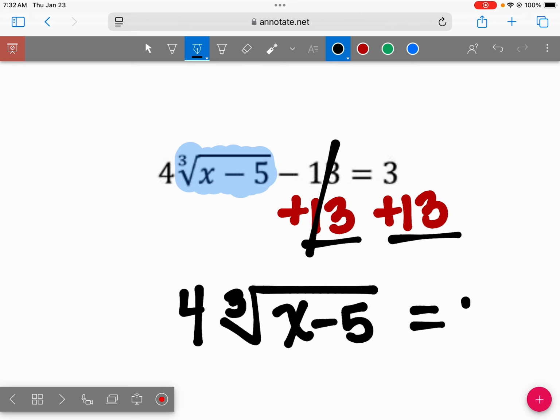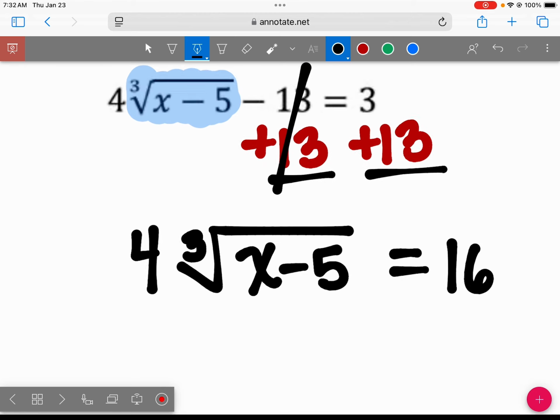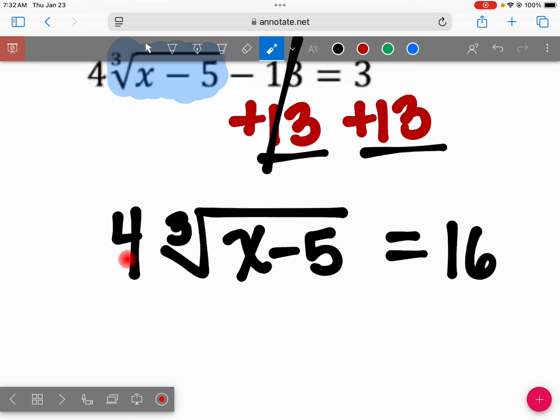And 3 plus 13 would be 16. So now we have this 4. And this 4 is being multiplied. And what's the opposite of multiplication? Because we have to get rid of the 4, the opposite of multiplying would be to do what? Divide. So let's divide both sides by 4.